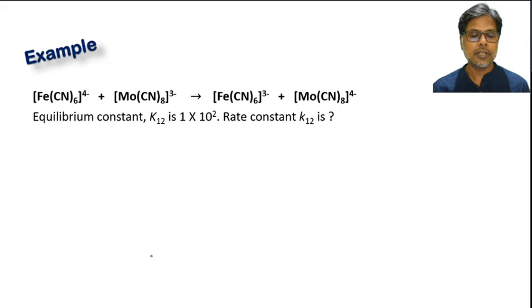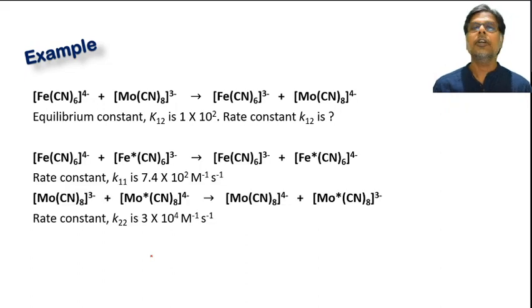In this cross reaction there is a transfer of electron from iron to molybdenum. The equilibrium constant for this reaction is 1 into 10 squared, that means it's 100. The rate constant for this reaction is the one which we are going to find out using the Marcus equation.